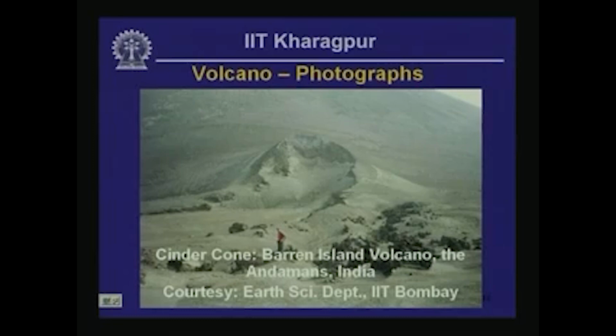This photograph was obtained from the Earth Sciences Department of IIT Bombay, and this one is the Barren Island volcano of the Andamans. As is apparent, this type of feature is much smaller in comparison with a stratovolcano.